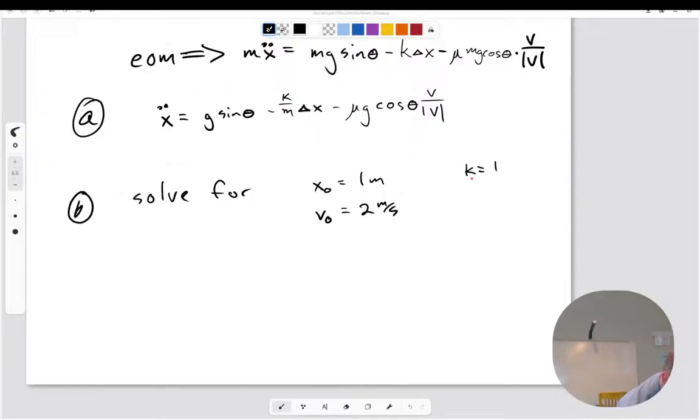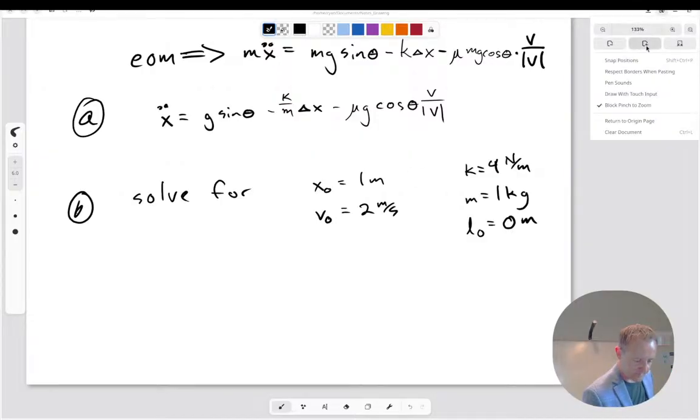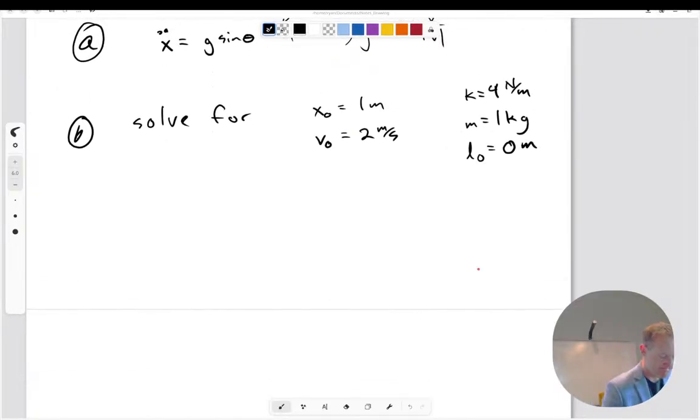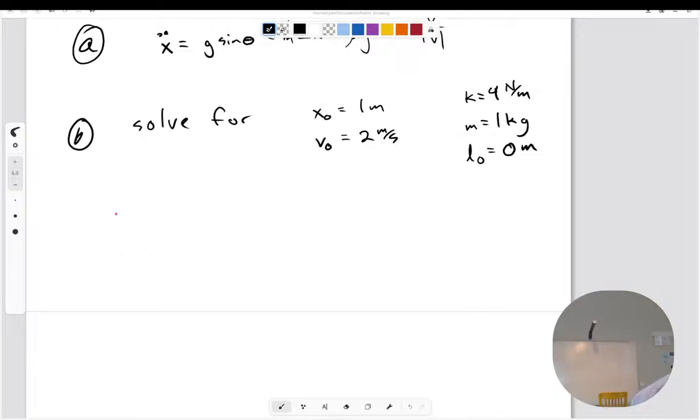Say this is 4 Newton per meter, just so we can plug in some numbers. And then we also have mu is 0.